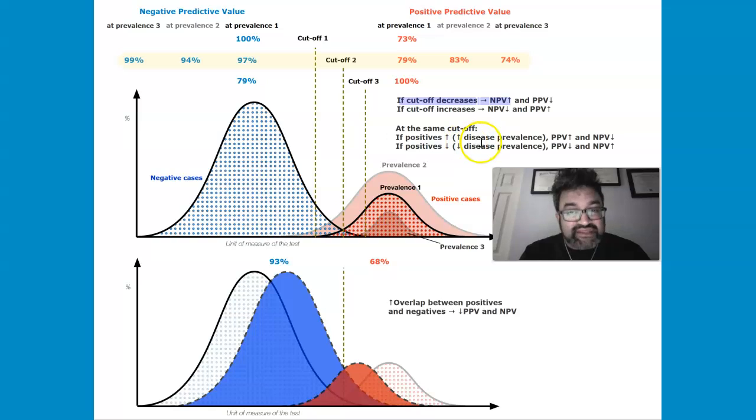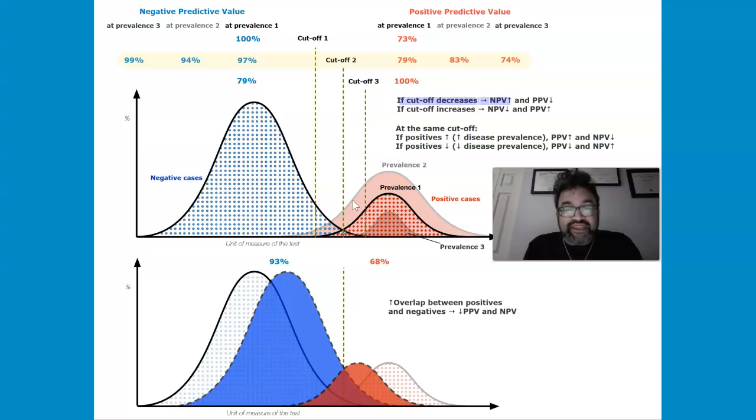If the disease prevalence were to increase, let's change the example and say you have 125 as a diagnostic criteria still. Anything above that is diabetes. But all of a sudden, instead of 10% of the population getting diabetes, 15% are getting it.